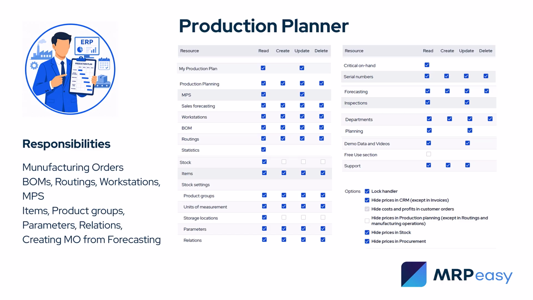His responsibilities extend to the stock module, where he plays a key role in creating items, product groups, parameters, and defining relationships between them. The production planner also has access to the forecasting tab in the procurement module. He can view prices in the production planning module, while other prices remain hidden.